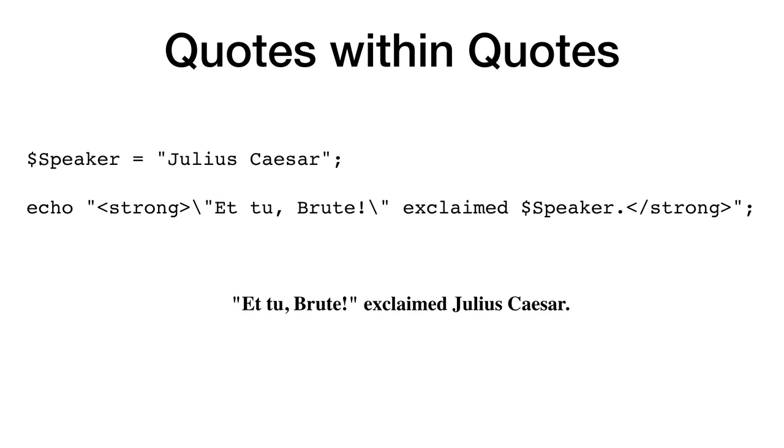There's a full stop, and then slash strong tag goes in there as well. So the escape sequence there is important in this situation because it allows us to put double quotes inside the string that is delimited with double quotes.